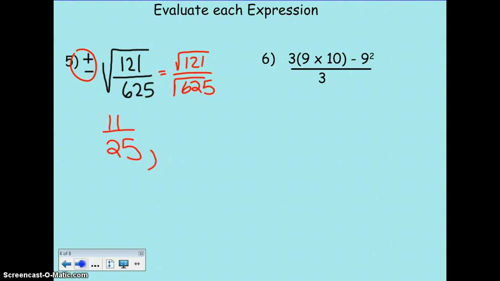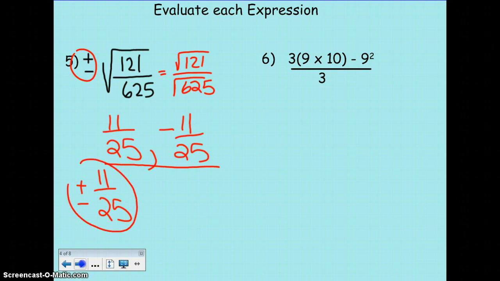And they're looking for the positive and the negative answer. And I could write it this way, or if we want to shorten it up, we could use the positive negative sign in front, 11 25ths. Either this answer or this answer would be correct.